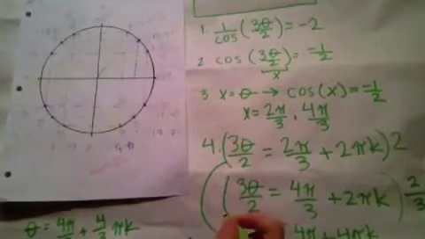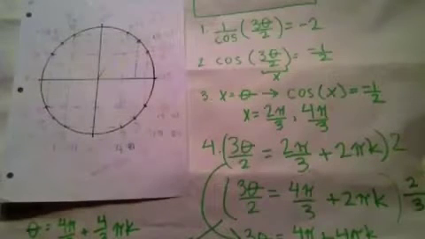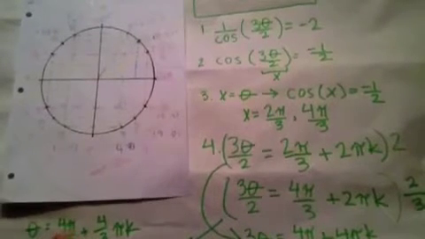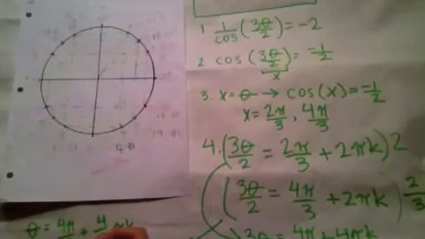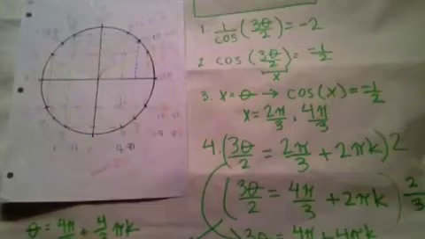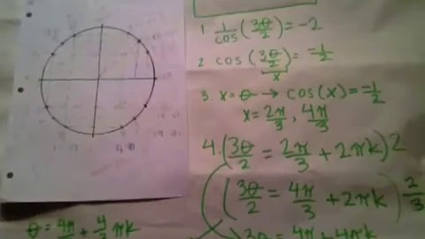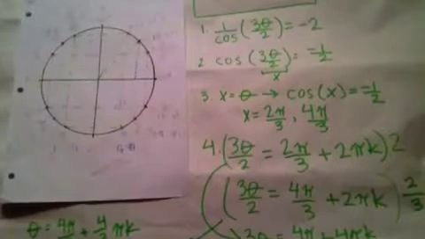Okay, and I hope this isn't confusing. Okay, over down here, theta equals 8 pi over 9 plus 4 over 3 pi k.